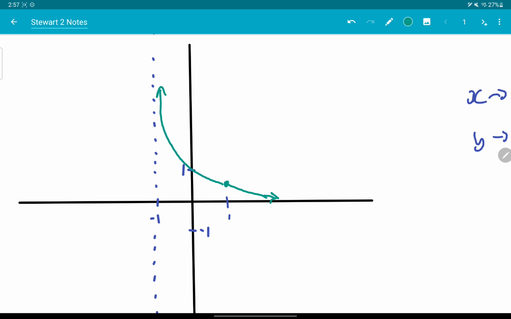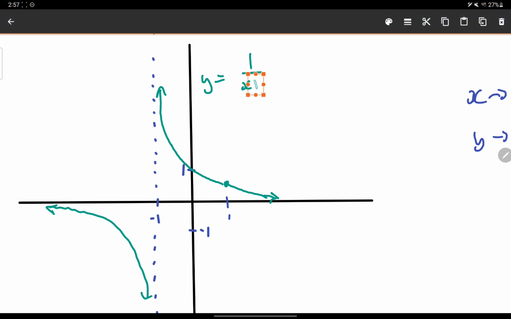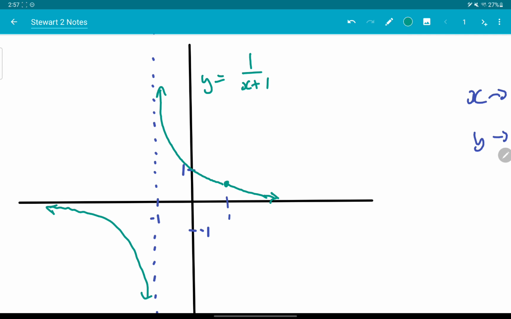So we'll do more of this later on in the course. Don't worry if you don't remember graphing these. So this is the graph of y is equal to 1 over x plus 1.